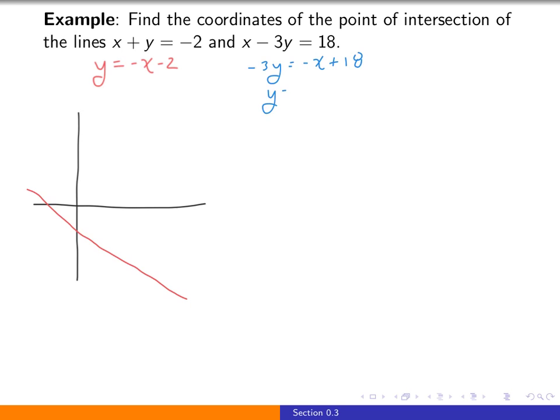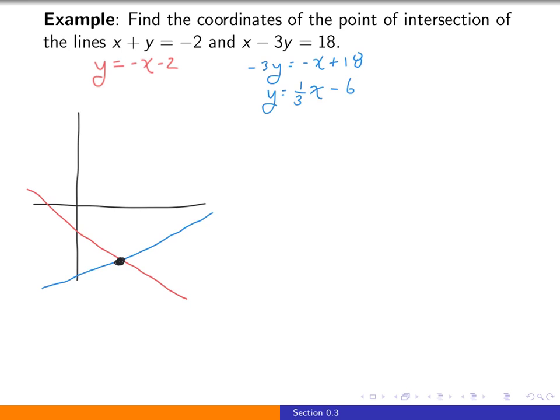Dividing by minus 3, y is 1/3 x minus 6. So it has y-intercept minus 6, slope 1/3, so slowly increasing. And what we are attempting to find in this problem is the point of intersection.